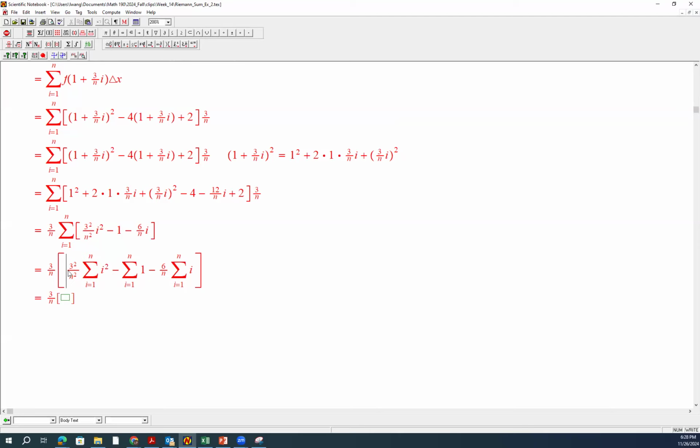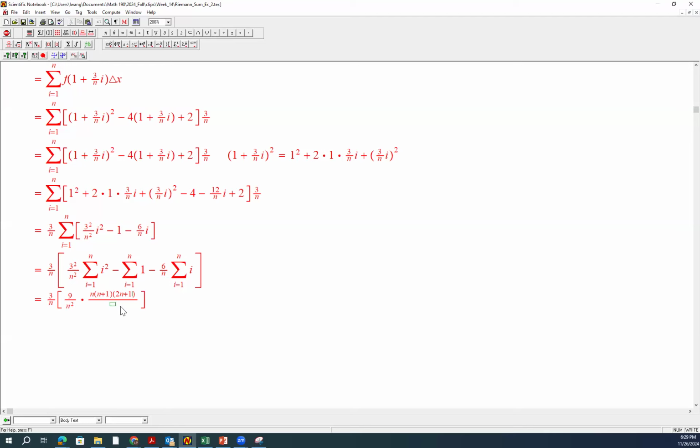Okay, so we got the first piece, it will have 3 squared over n squared. That's 9 over n squared, multiply the summation of these. That's going to be n times n plus 1, divided by 6. If you don't remember the formula, it's okay. Just look it up.